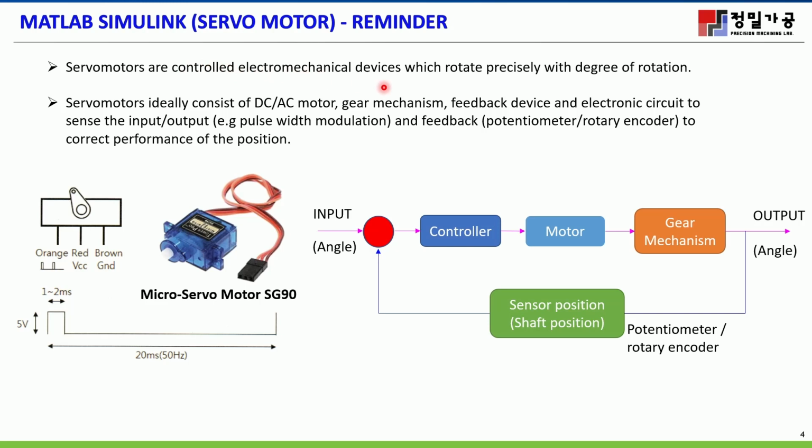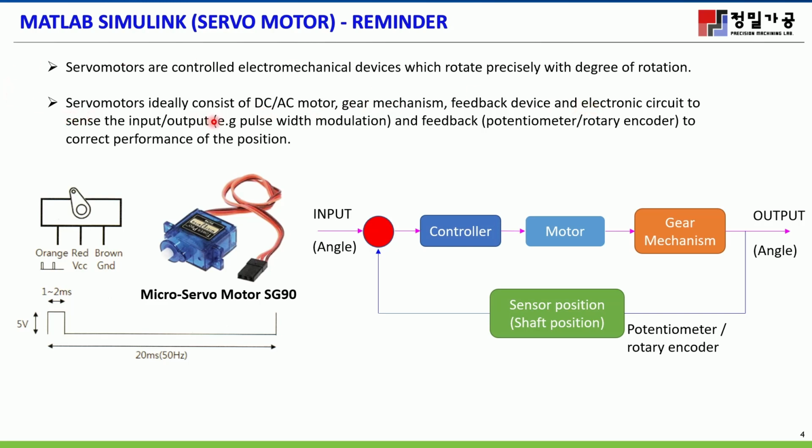A servo motor is an electromechanical device, and it can rotate precisely, but in this gear motor I can't guarantee the precision of rotation. Anyway, if you have a better motor, this statement is correct for rotation and precise degree of rotation.